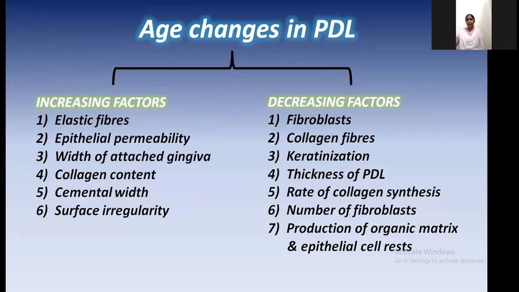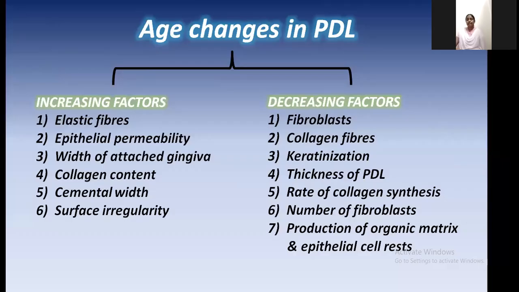Age changes in PDL. As the tooth ages, increasing factors and decreasing factors with age are listed here. This is also a very, very important one word. So please pay attention to what the increasing factors are and what the decreasing factors are. As the periodontal ligament ages, the following factors increase: elastic fibers, epithelial permeability, width of attached gingiva, collagen content, cemental width, and surface irregularity.